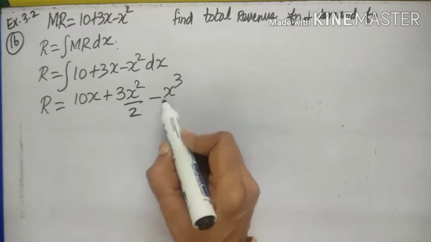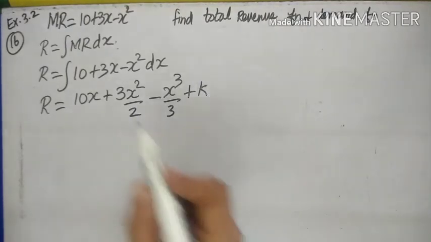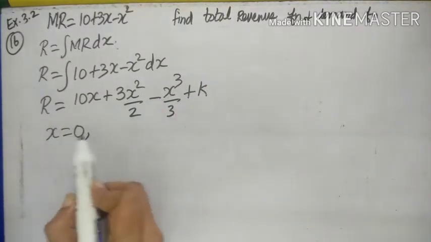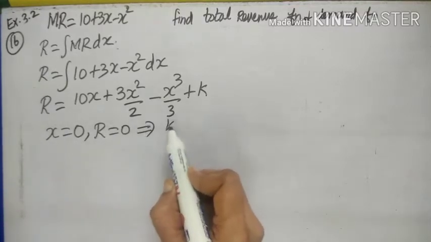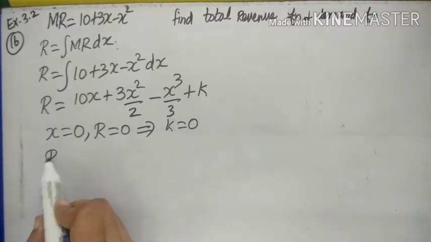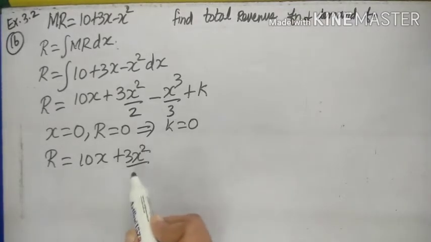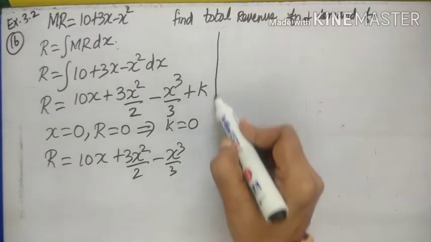X square becomes x cube by 3 plus constant. Again, there are no initial conditions, means x is 0, output 0, revenue 0 implies k is also 0. So R is equal to 10x plus 3x square by 2 minus x cube by 3.